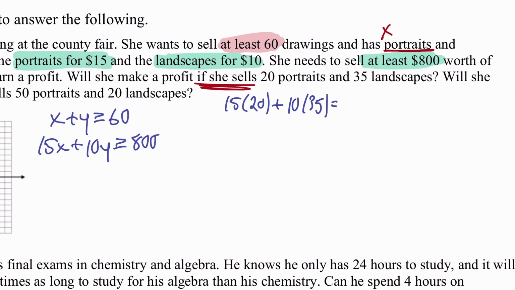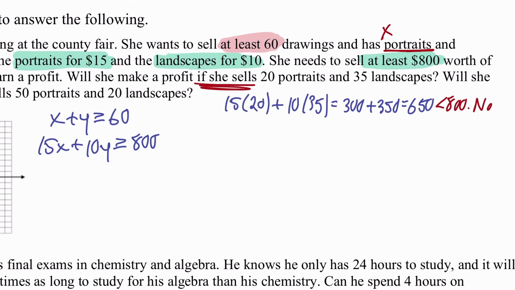So that's going to be, well, 15 times 20 is 300, plus 350, which is 650, which is less than 800. The answer is no. She will not turn a profit if she sells that many.